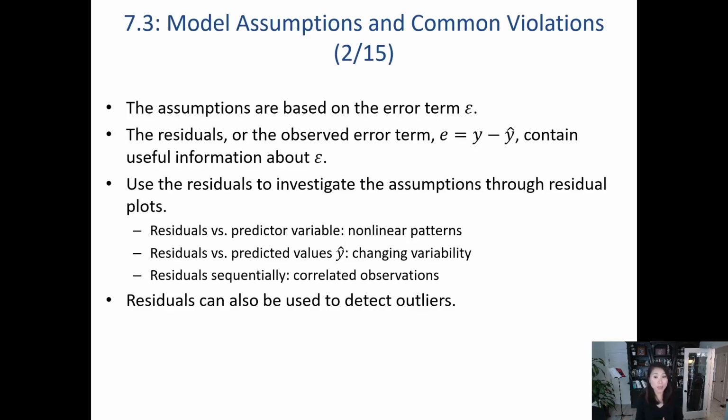Of course, we are not able to observe the error term, so we want to estimate it. The predicted error term is called the residual. The residual is calculated as the actual y value minus the predicted value based on your model, given your sample data. We use e for the residual, which is based on your sample data, so it is something we are able to observe.